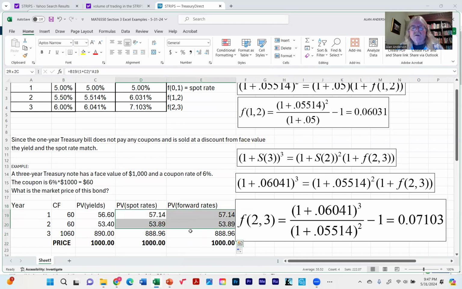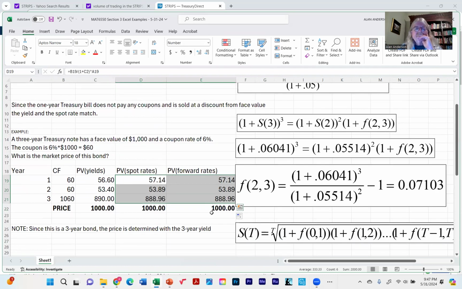In other words, these are all equal to each other. And that's because the forward rates are derived directly from the spot rates. So not only are these all the same, but the actual year by year cash flows are the same as well.